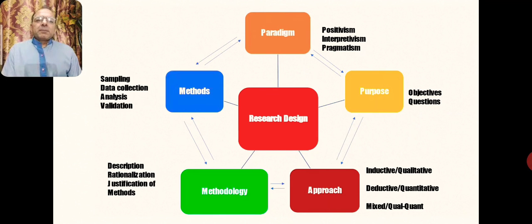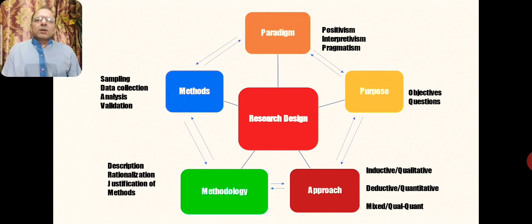And it depends on the paradigms of researchers, then the purposes and objectives of the particular research studies, then the kind of approaches we need to think about, whether inductive or deductive, or whether we want to do quantitative or qualitative research. And then again, methodological considerations and the use of particular methods for data collection and analysis.